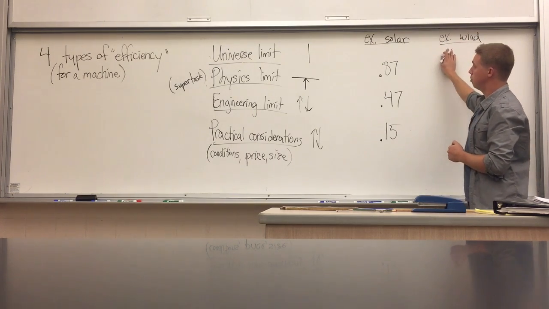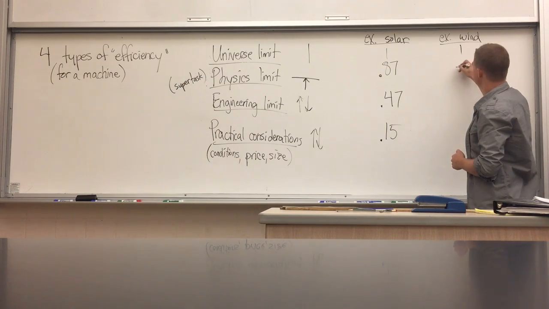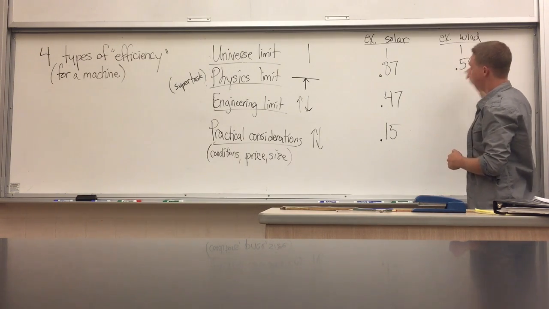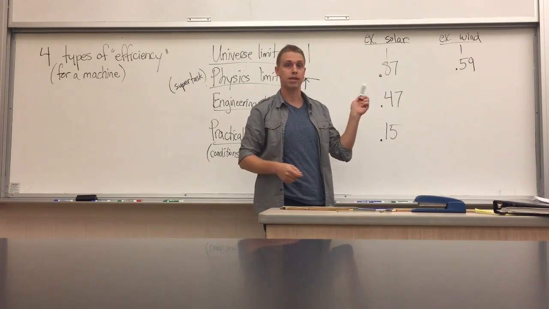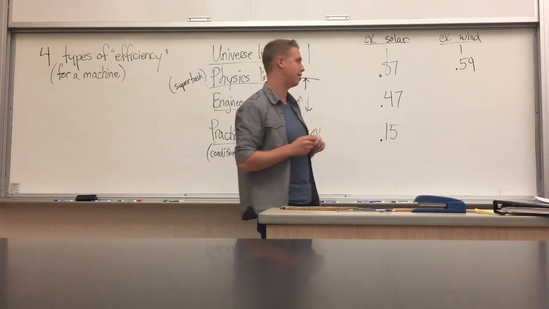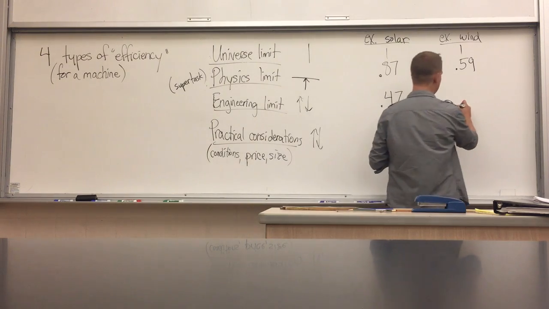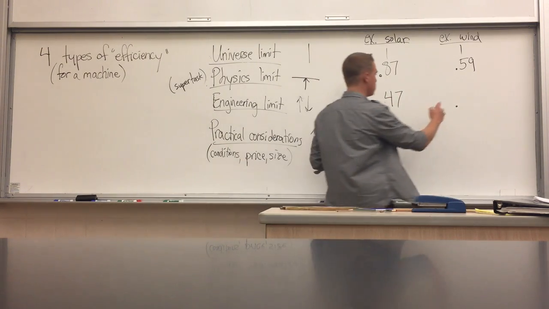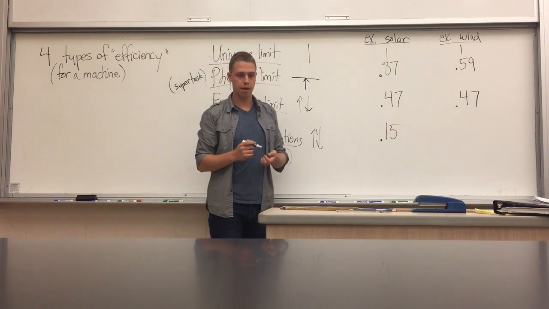The universal limit is, of course, 1. The engineering or the physics limit is 0.59, and yes, this is another supertask, okay, to actually get to that limit. So we can think about it, but we can't quite get there. Engineering limit is currently about 0.47, which I just realized that's the same number.